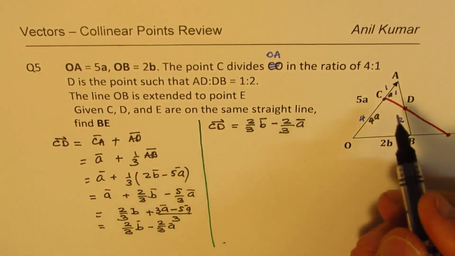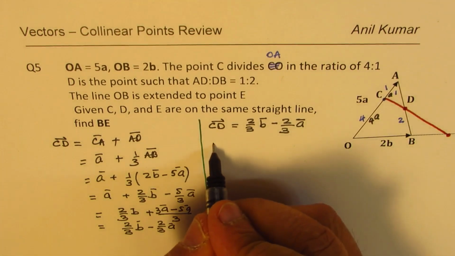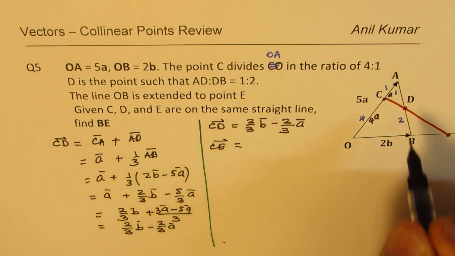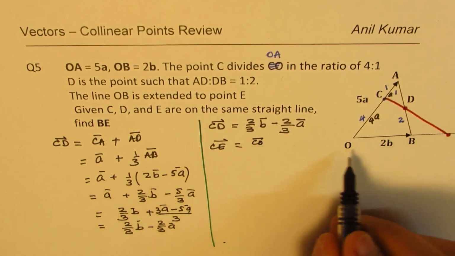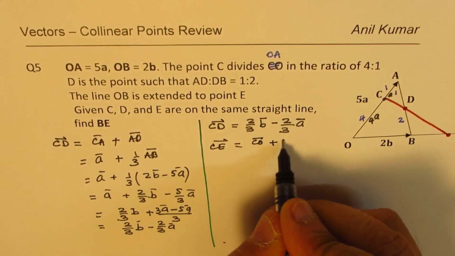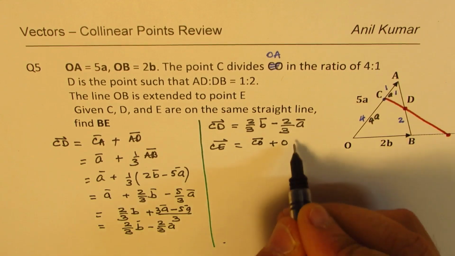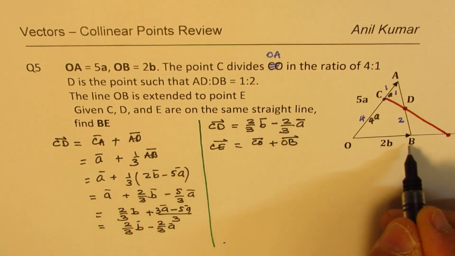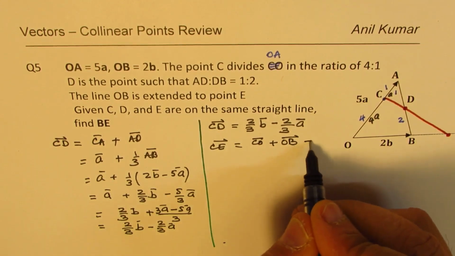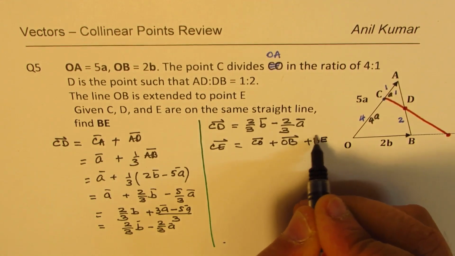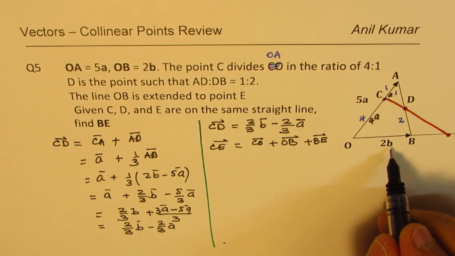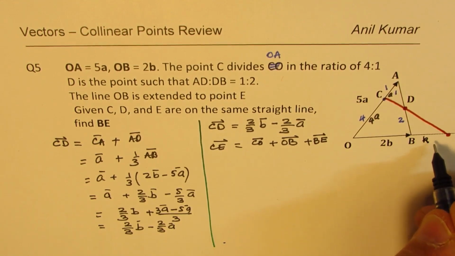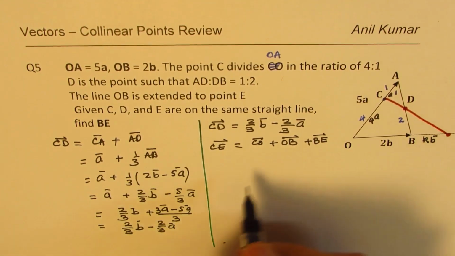Now, let us see what C to E is. C to E, we can go like this, right? So you go CO and then O to E, plus we can say O to B, okay, we know that, and then B to E. Now B to E has to be a scalar multiple of B. So let me write this as K times B, right?